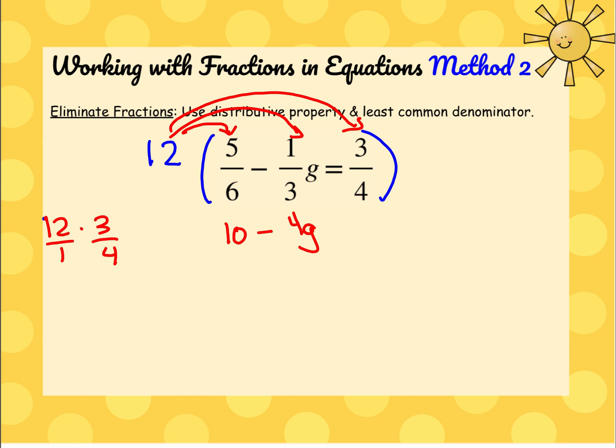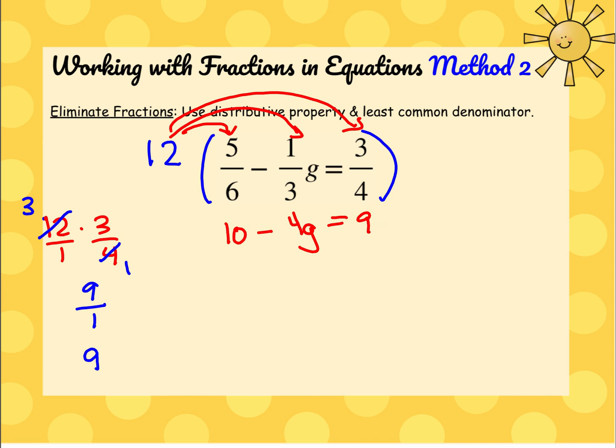So 12 and 4 have a common factor of 4. 4 divided by 4 is 1. 12 divided by 4 is 3. 3 times 3 is 9. 1 times 1 is 1. 9 over 1 is 9. So when I do 12 times 3 over 4, I get 9. So now my equation is just 10 minus 4g equals 9.